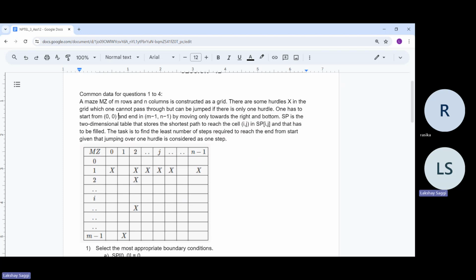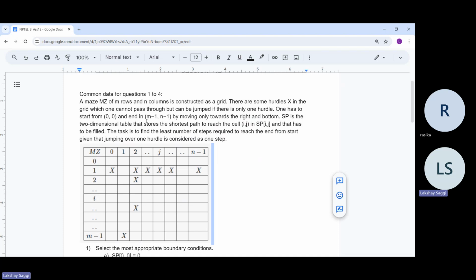One has to start from 0, comma 0 and end in m minus 1, comma n minus 1. So effectively one has to start from this top left corner and reach this bottom right corner. As you can see in the figure, this is 0, comma 0 and this is m minus 1, comma n minus 1. And these x's which have been placed are the hurdles in this maze.